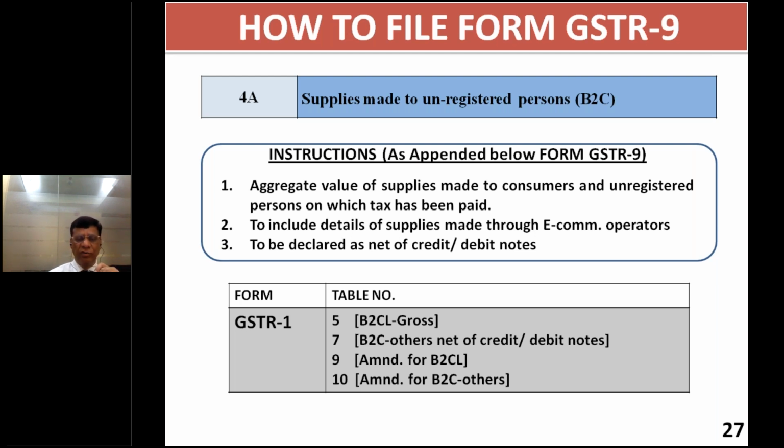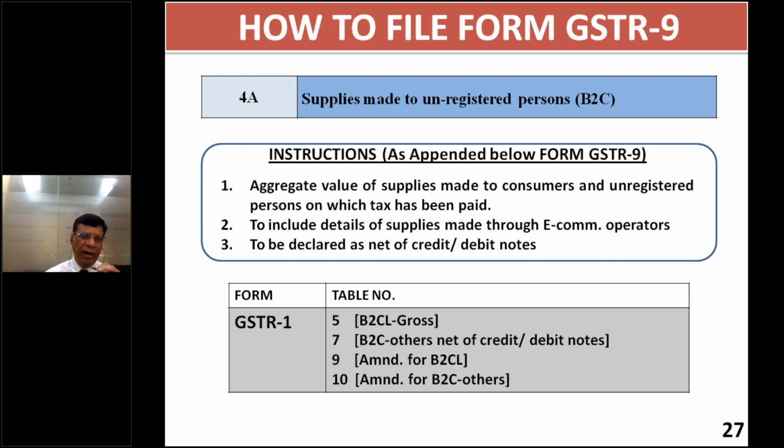And my books of accounts contain figures 1 crore 40 lakhs. Means GSTR 1 contains 1 crore, 3B contains 1 crore 20 lakhs, books of accounts contain 1 crore and 40 lakhs. So I have three figures in relation to my B2C supply.